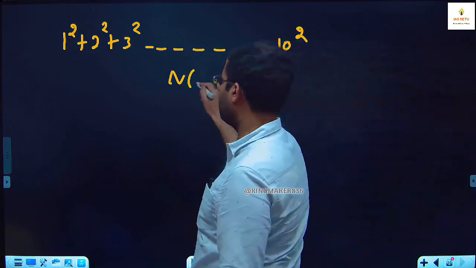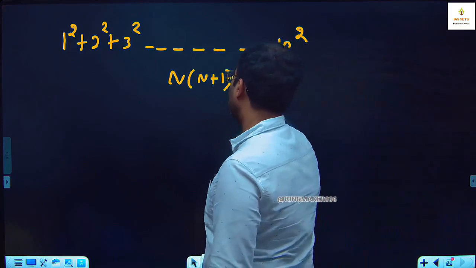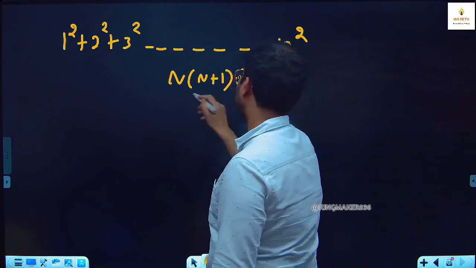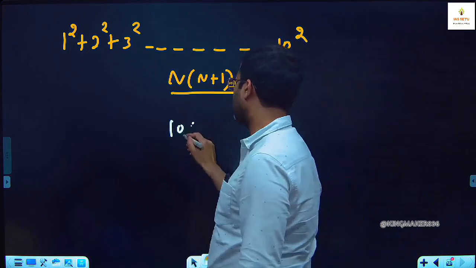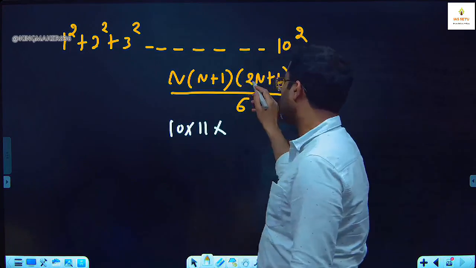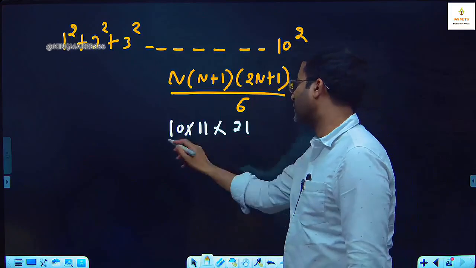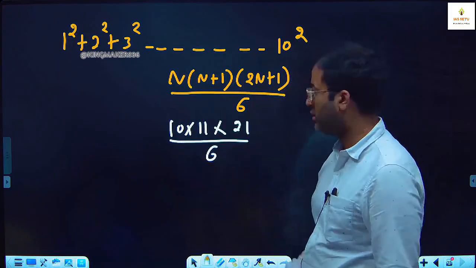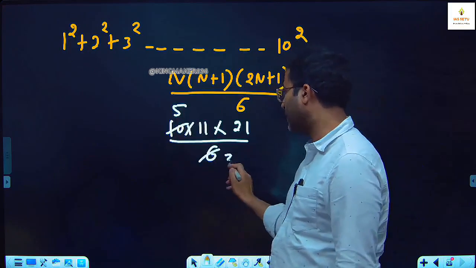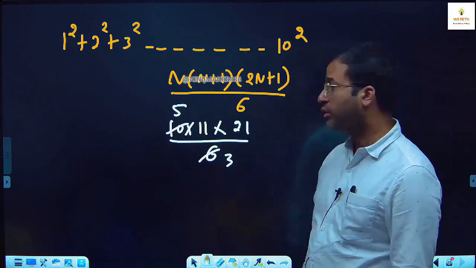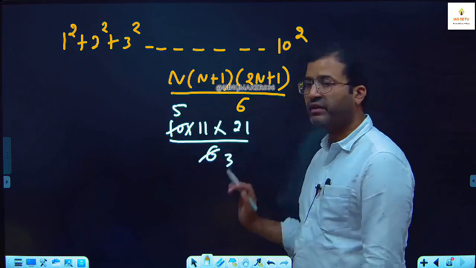Formula is n into n plus 1 into 2n plus 1 divided by 6. So it's like 10 into 11. This is 2 into 10, 20. So 21 divided by 6. If you check here, this is 5, this is 3. First divide by 2. See, some students first multiply and then divide by 6.